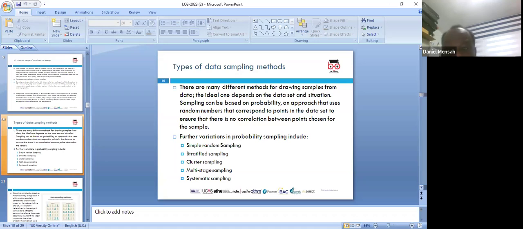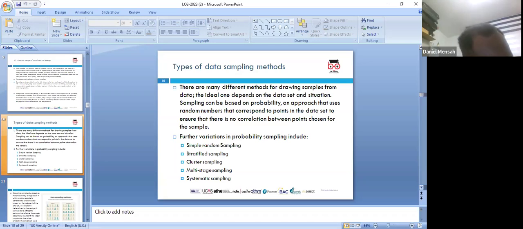Sampling can be based on probability, an approach that uses random numbers that correspond to points in the data set to ensure there is no correlation between points chosen for the sample. Further variations of probability sampling include simple random sampling, cluster sampling, multi-stage sampling, systematic sampling, or stratified sampling. So these are some of the random ways of doing sampling.